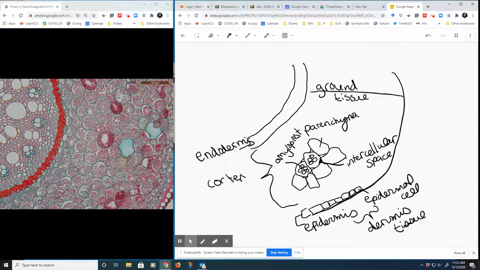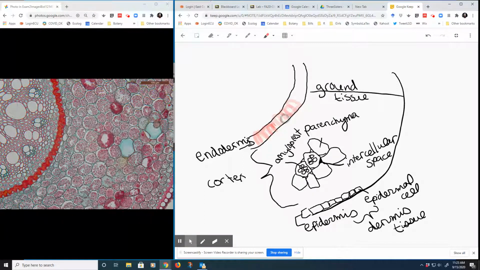The endodermis, as I already mentioned, is this really thick red area. The thing that makes it red is called the Casparian strip, and we'll talk more about that.